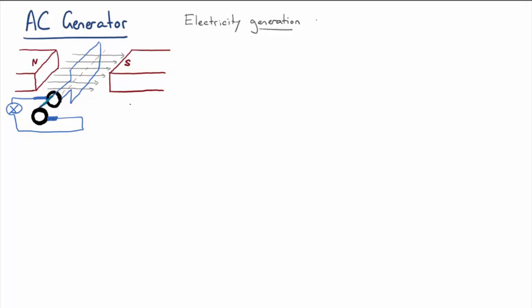And what I've written here is electricity generation happens by rotating a coil of wire in a magnetic field. So we actually have to physically rotate this coil of wire, and then we'll get electricity out of it. Now, how do we rotate these coils of wire on an industrial scale?